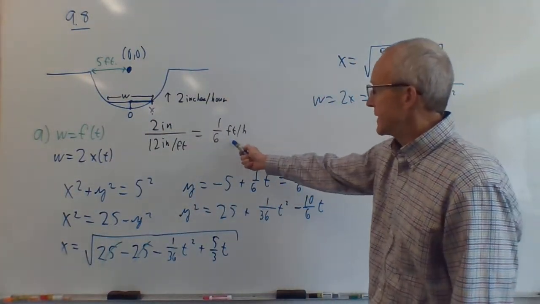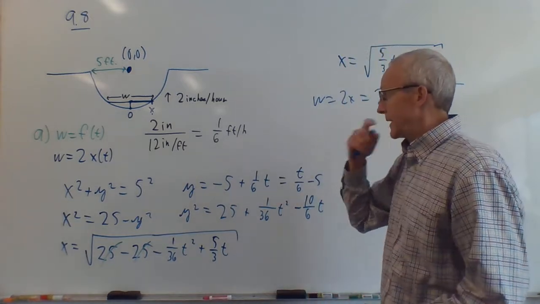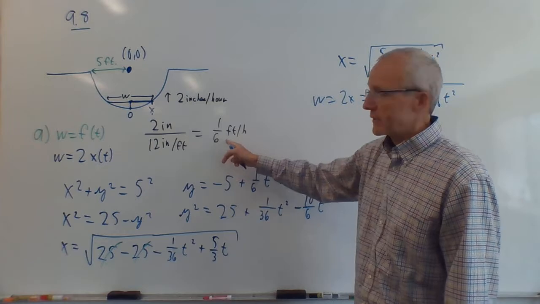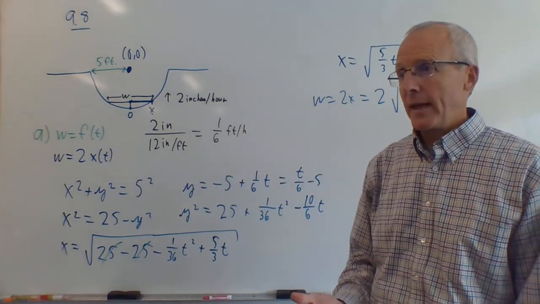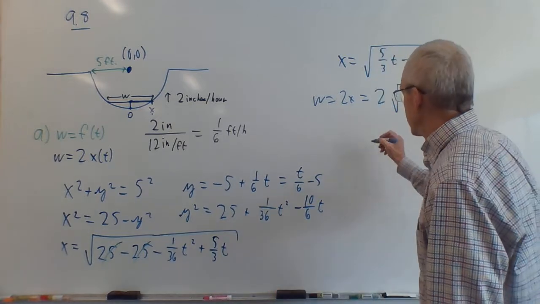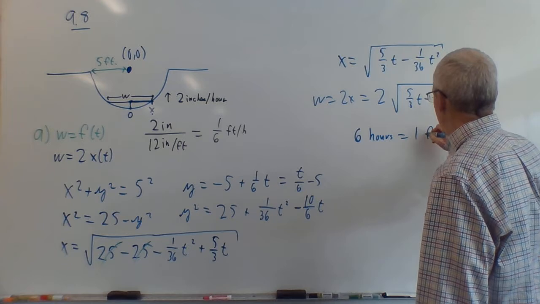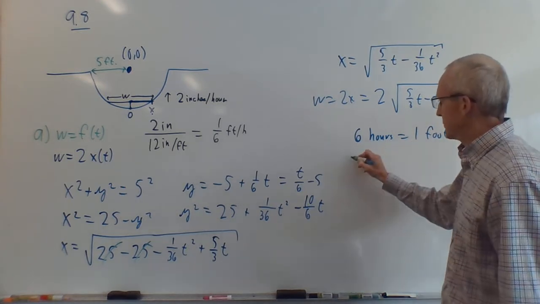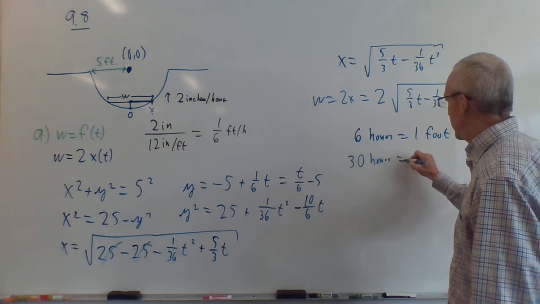Well, it's going up 1/6 foot per hour. So that means that in 6 hours, it goes up a foot. This is not very fast, is it? It takes 6 hours to go up a foot. And we have 5 feet. So 6 hours equals 1 foot. We have 5 feet, so multiply by 5. So 30 hours would be 5 feet.